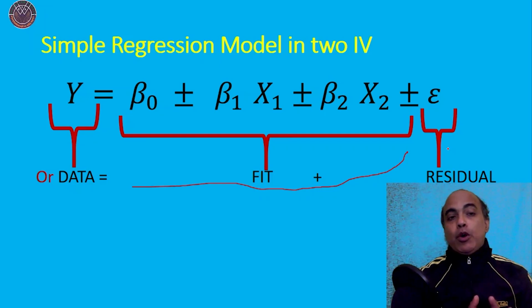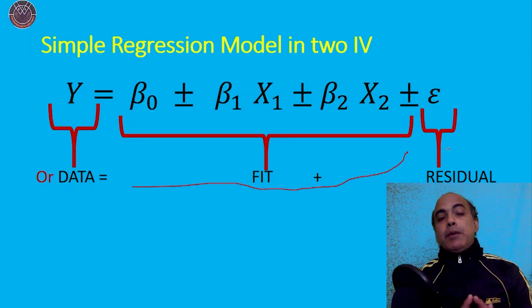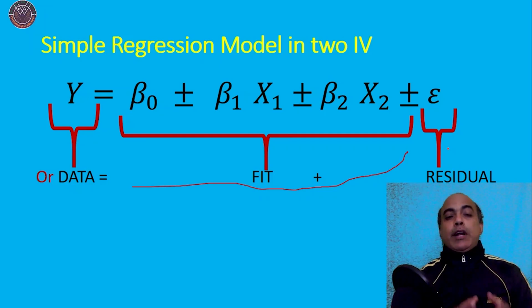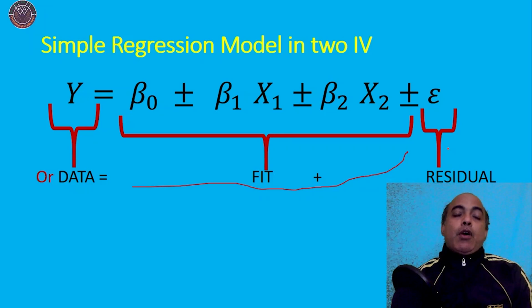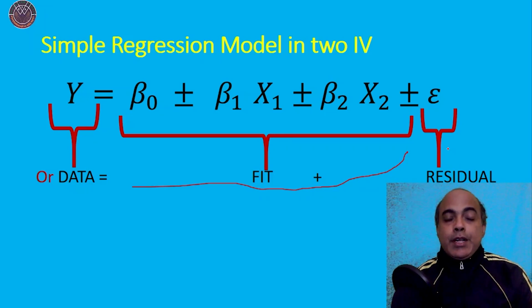This is the objective of performing multiple regression, so that there is less difference between the predicted value and the exact value. We will say our regression model is best fitted if we are able to reduce the epsilon or residual term.